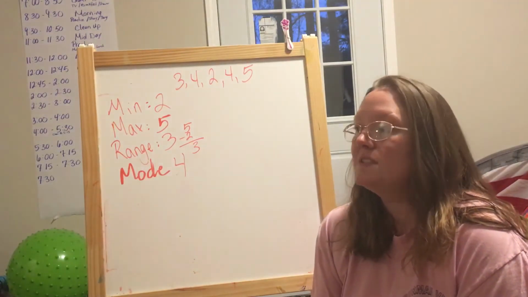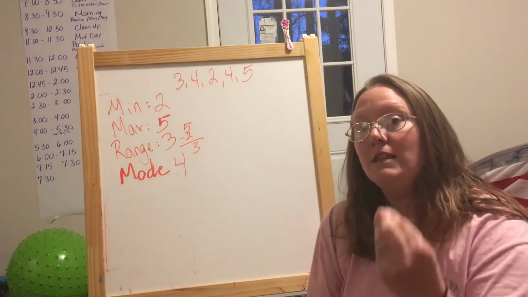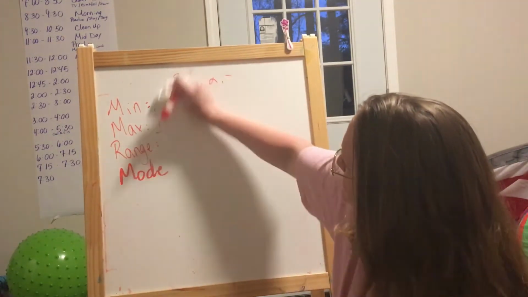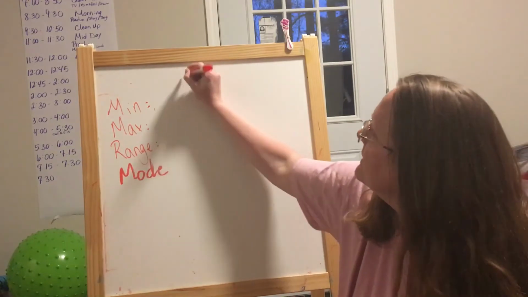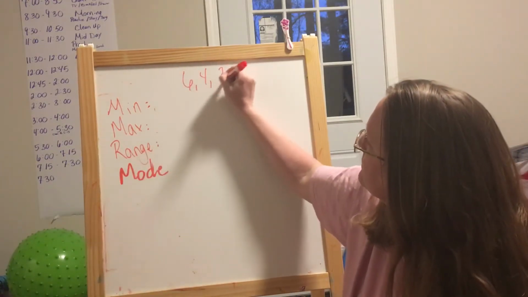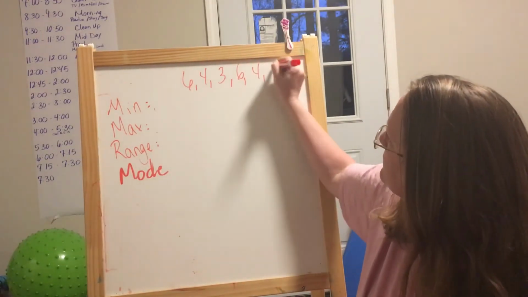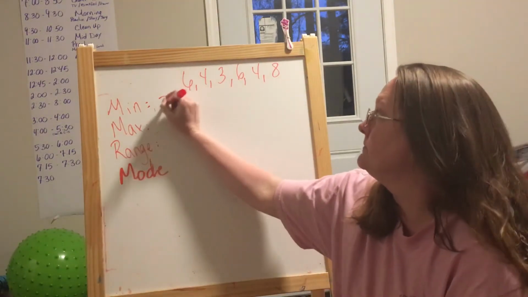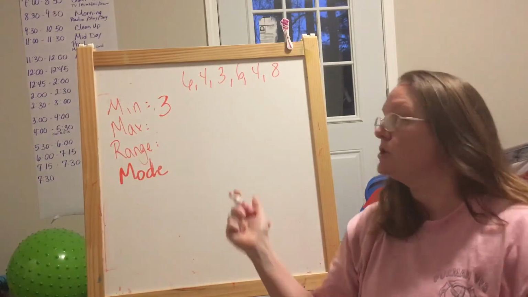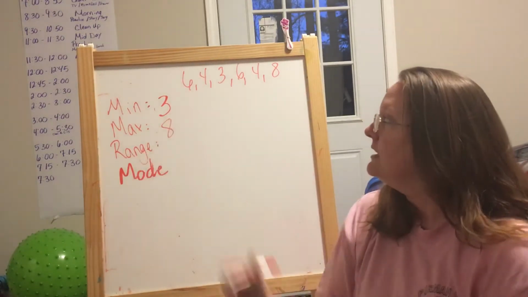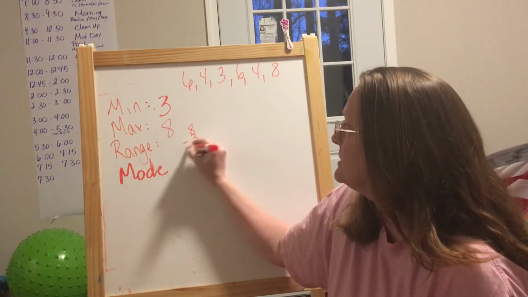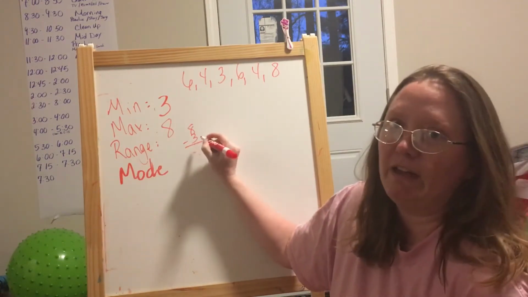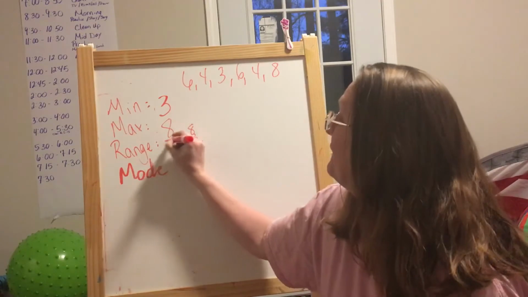Now, you sometimes can have a mode that has 2 numbers. So let me show you what I'm talking about. In this data set, your minimum, the smallest one, is 3. Your maximum, or your biggest one, is 8. Your range, 8 minus 3, 5.